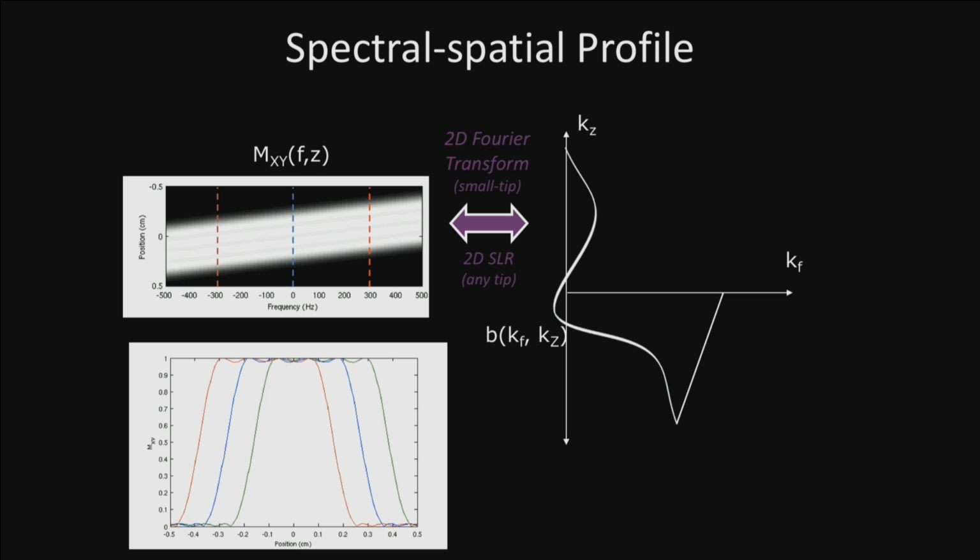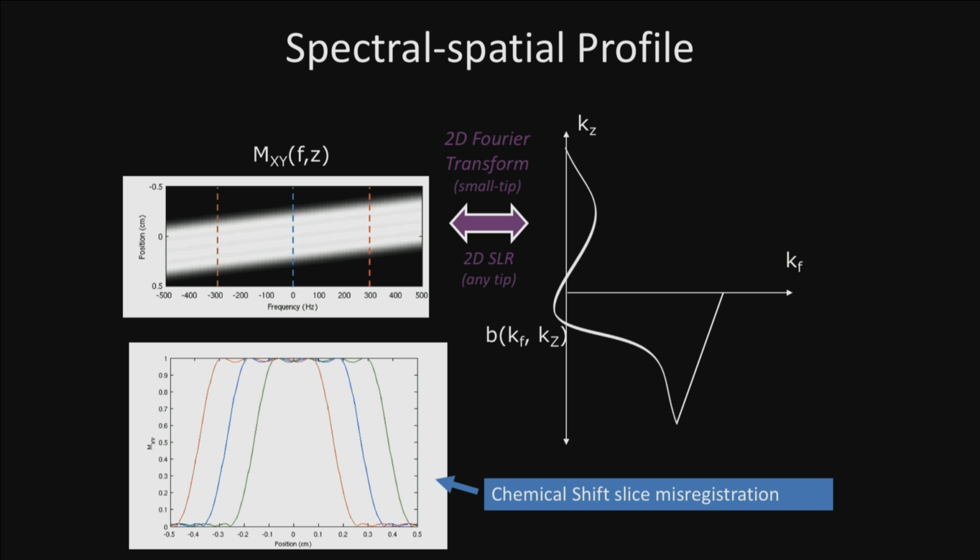But if we now consider off-resonance frequency, so if we have some chemical shift-induced change in frequency, we get what we often refer to in imaging as the chemical shift slice misregistration effect, whereby with just our plain spatially selective RF pulse, the effect of having chemical shift is that the location of this slice actually moves in our object.